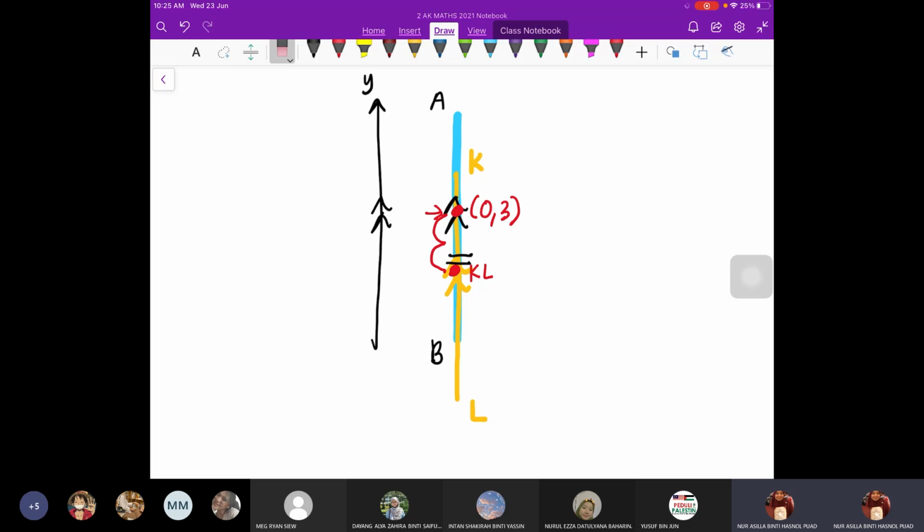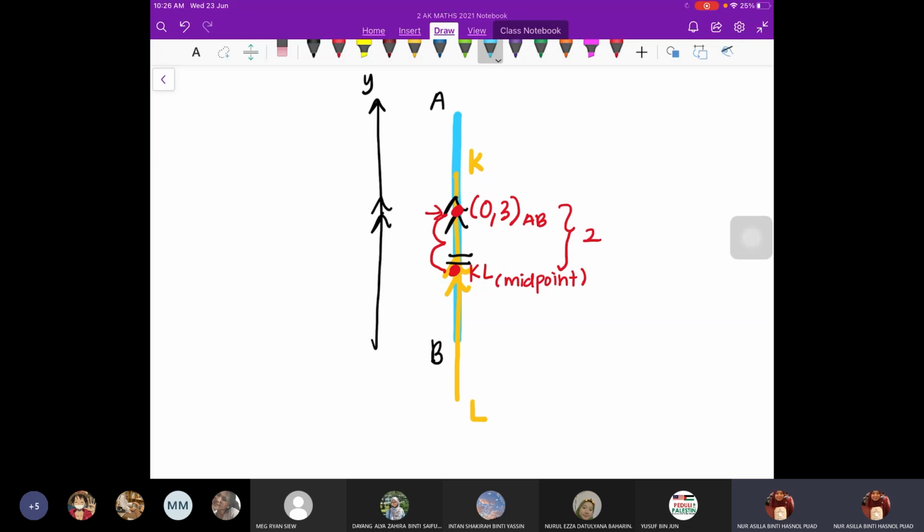Okay. So atas satu line yang sama, KL akan berada di atas AB. Okay. Dan jarak midpoint AB, ni AB punya, kepada midpoint KL, ni midpoint, adalah 2 unit. Okay, nampak.